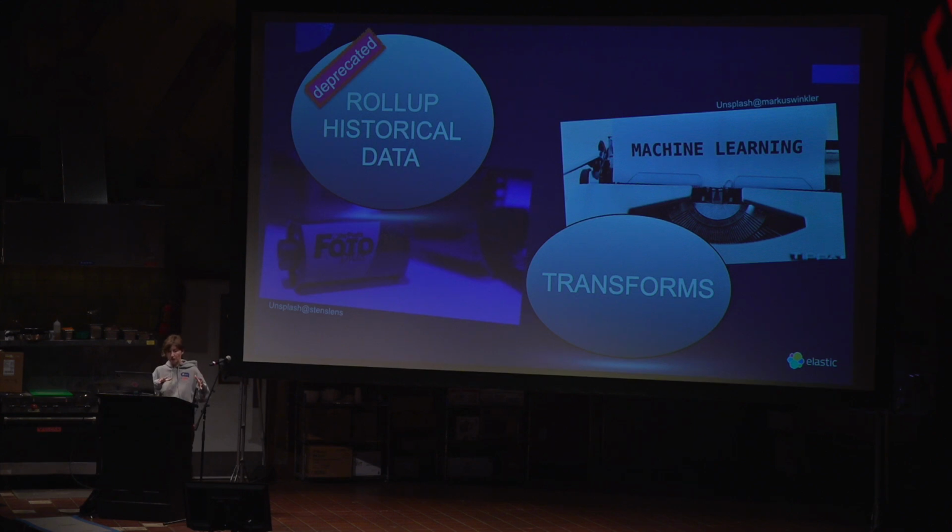Nowadays, we are using transforms, which are slightly more efficient because they can scale really well and they convert existing Elasticsearch indices into summarized indices. This distinction is quite important because transforms are really the core that sustains SLOs. We'll see that in the next slides.